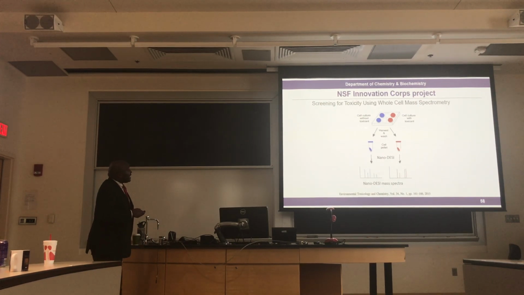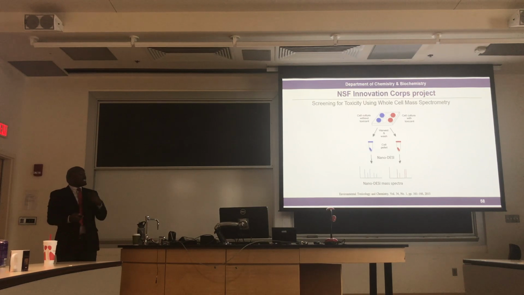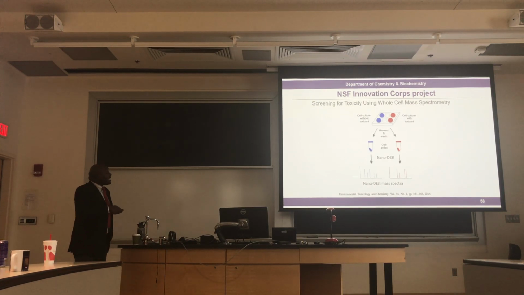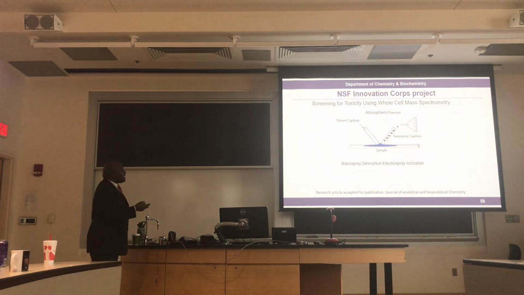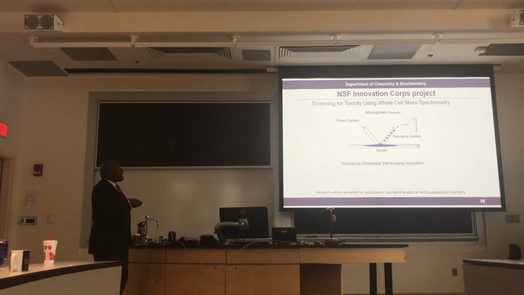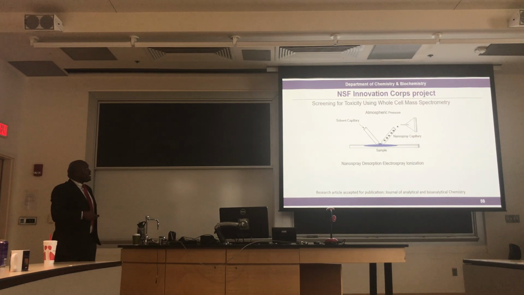So like you can see here, the blue represents the cells that are without toxicant, and these are cells that are cultured with toxicant. And then you harvest and wash, and then you use a different type of ionization method, in this case nanoDESI, and then you can tell the difference in terms of mass spectral distribution. So what we did is use again the nanoDESI, and this is how nanoDESI works.